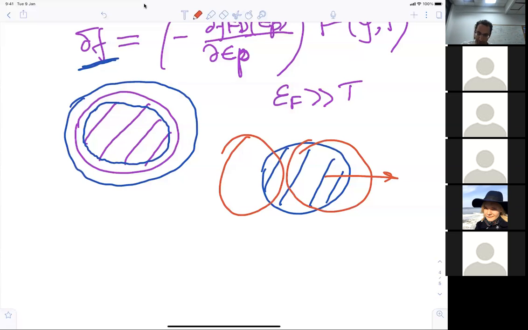Imagine that you apply an electric field that points to the right. So what would happen to the electrons if there were no disorder? Let me ask this basic question. What would happen to the Fermi surface if we apply an electric field and there's no disorder?